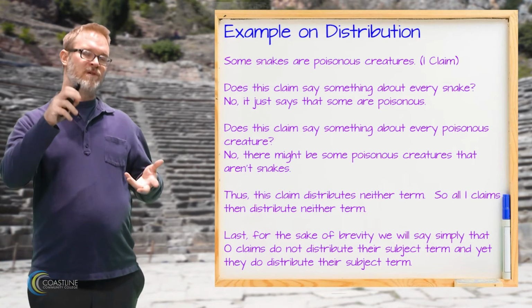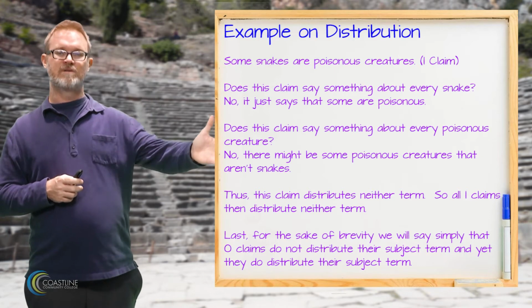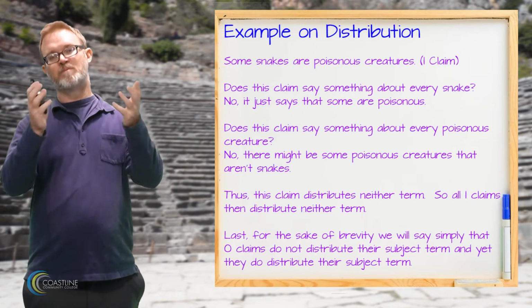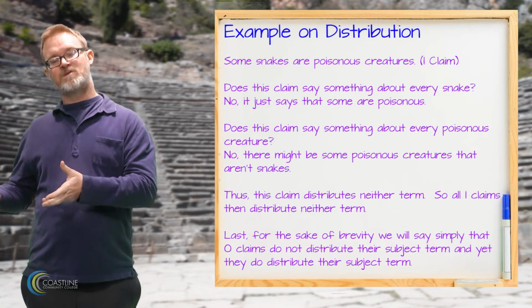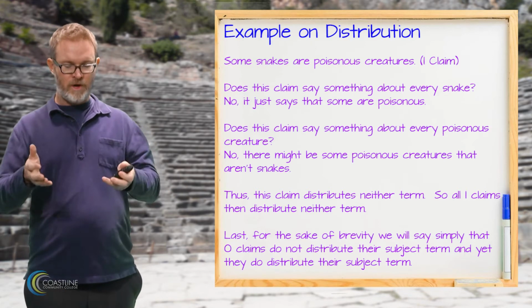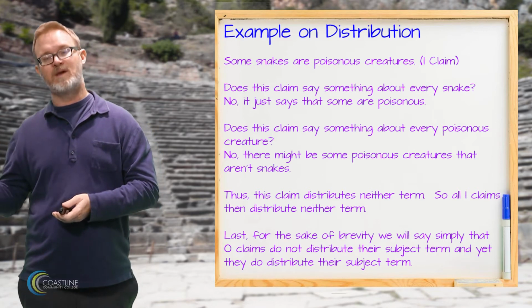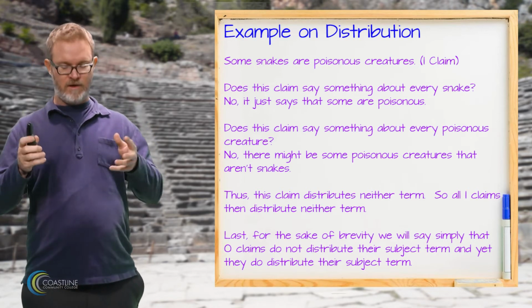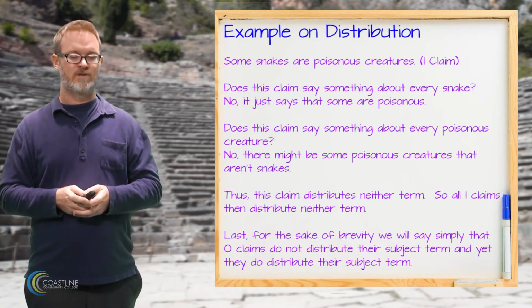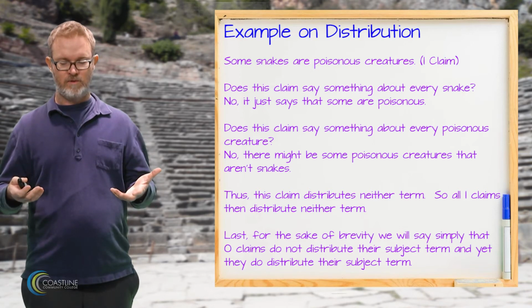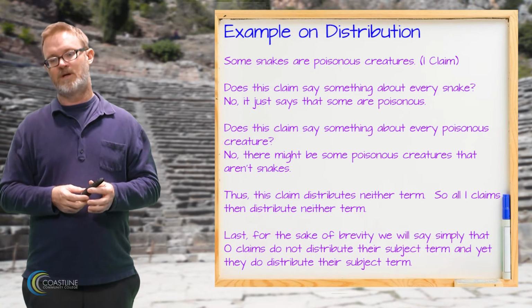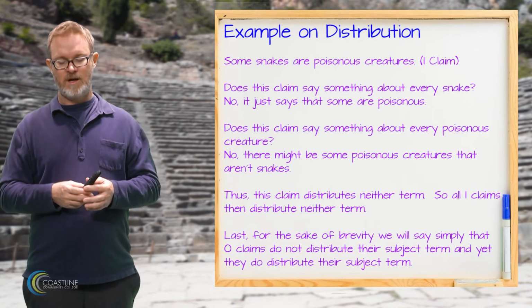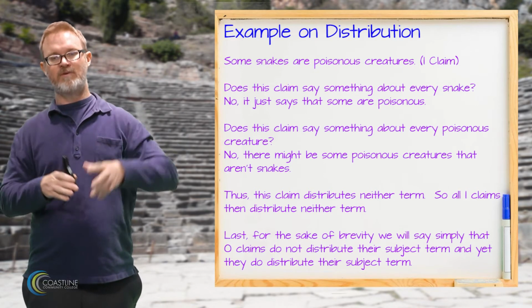So if you think about what we've seen so far, A claims distribute only the subject term, E claims distribute both terms, and the I claim distributes neither. Now, lastly, the O claim is actually going to just distribute the predicate term. And if you think about it, that is a really nice tool to memorize how this distribution goes, because the pattern here is kind of easy to recognize.